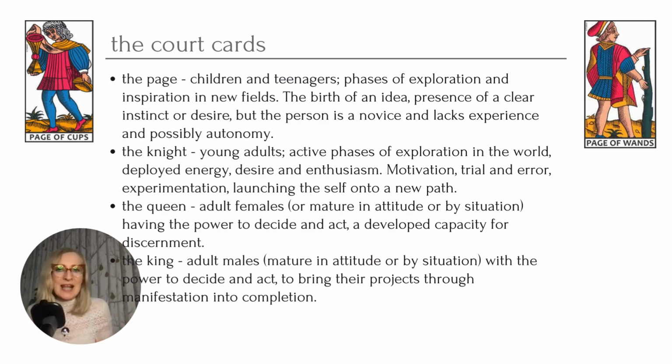They've got deployed energy but lack a bit of experience. The queen is a female energy, more at home with power and delegating tasks, attracting resources, using them with mastery, and the king being he who can lead and order. But today we're focusing on the page.